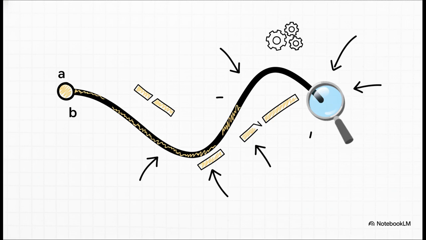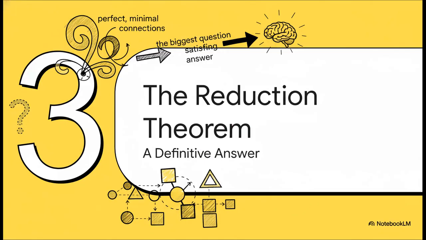It sounds fancy, but the idea is actually super straightforward. A continuum, let's call it M, is irreducible between 2 points A and B if it connects them, sure, but, and here's the key, no smaller piece of M can also connect them. It's the most efficient, leanest connection possible. There's absolutely zero waste.